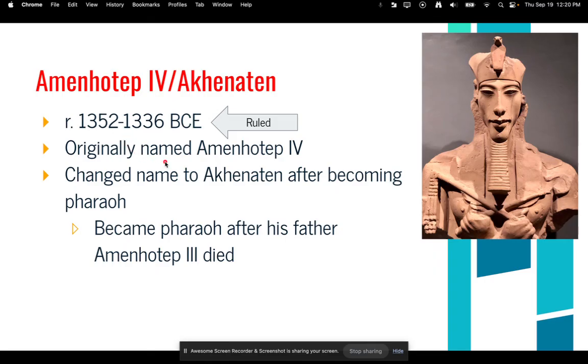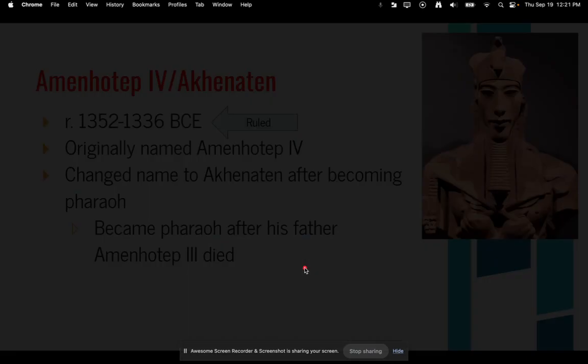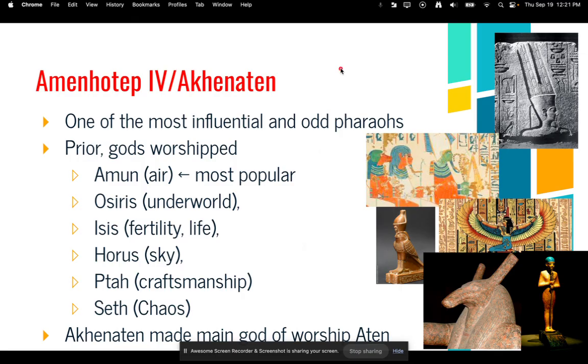He was originally named Amenhotep IV, but he changed his name to Akhenaten after becoming pharaoh, and I will tell you why in just a few slides. So he became pharaoh after his father, Amenhotep III, died. So Akhenaten is one of the most influential and odd pharaohs in the history of ancient Egypt.